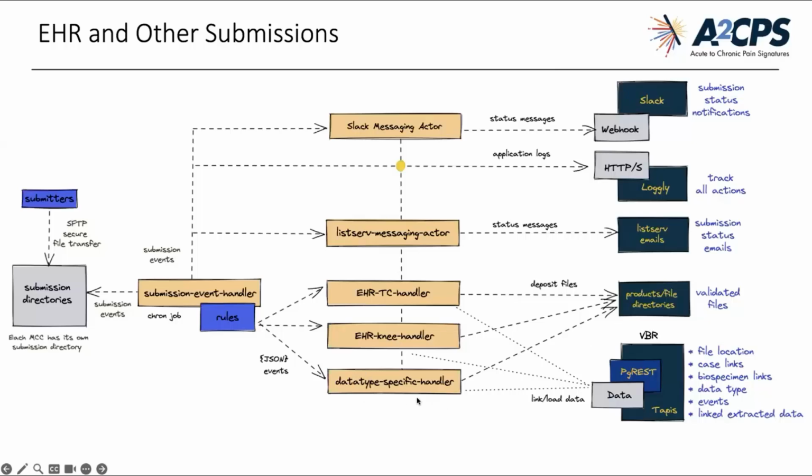So whatever the data is that's being submitted, there's a specific handler. We know that a new file has been submitted, and we know what kind of file it is, so we know how to handle it and how to validate it. And then the validated files are deposited into directories, but we keep track of all that in our database.